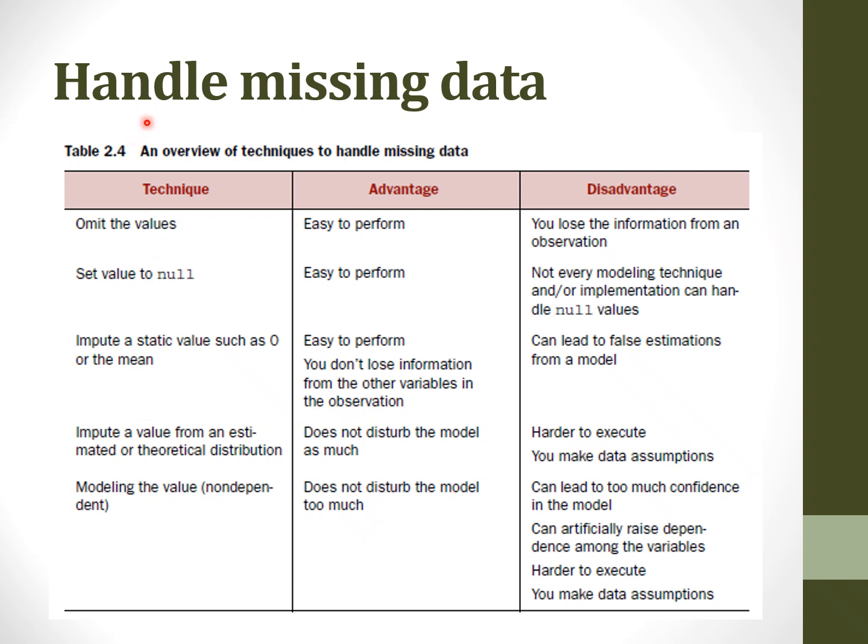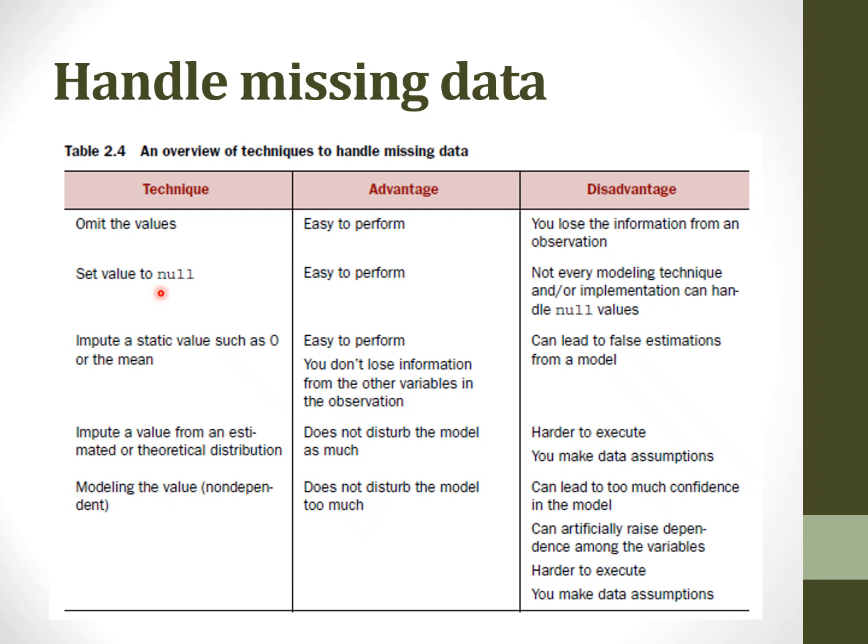So how to handle the missing data? There are techniques available to handle this missing data. The first one is to omit the values. Omitting the values is very easy to perform, but the disadvantage is that information will be lost from the observation.